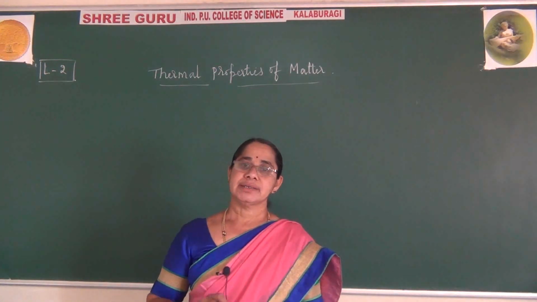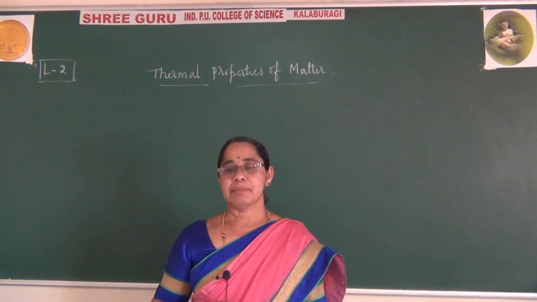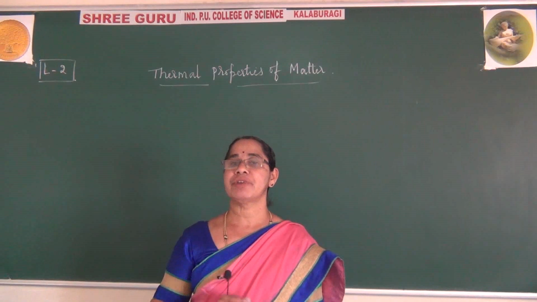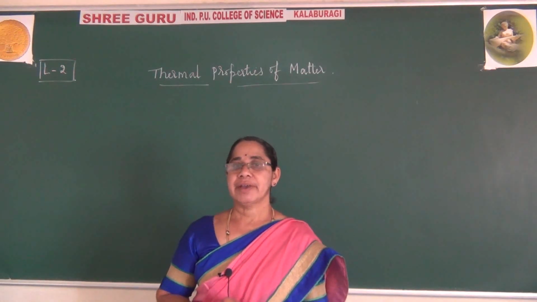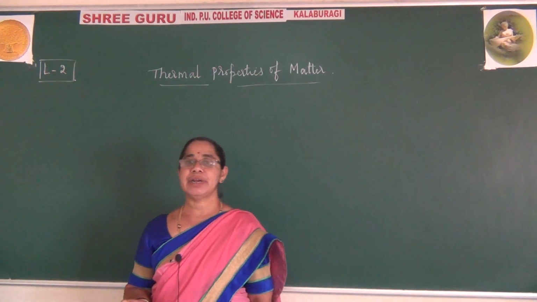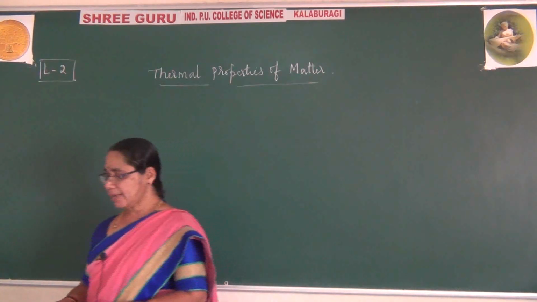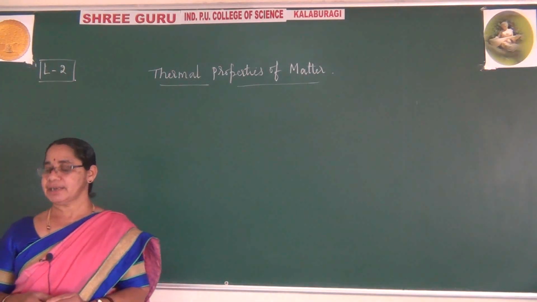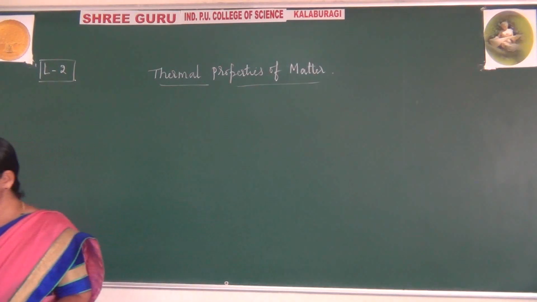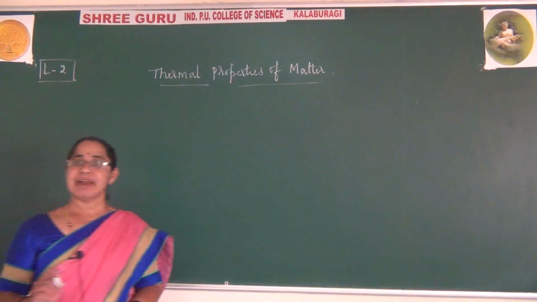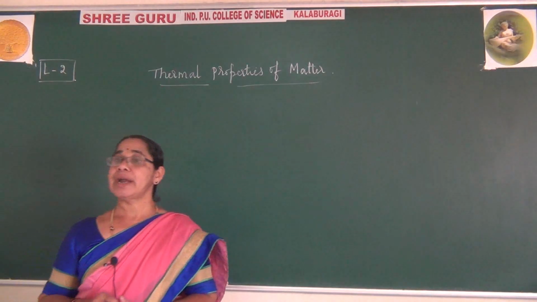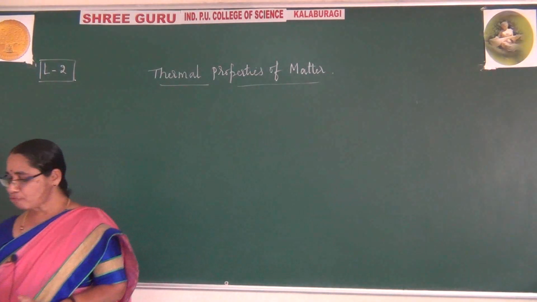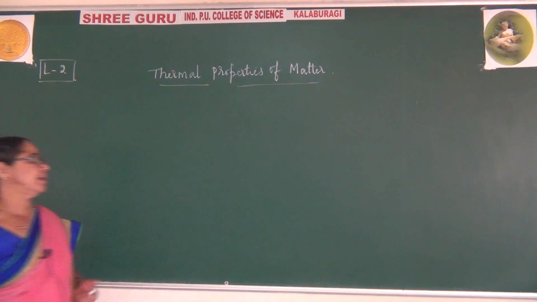Okay. At the same time, remember, you also have to learn the definition of calorie. Calorie is a practical unit of heat, I said, and it can be defined as the energy required to raise the temperature of 1 gram of water through 1 degree centigrade.